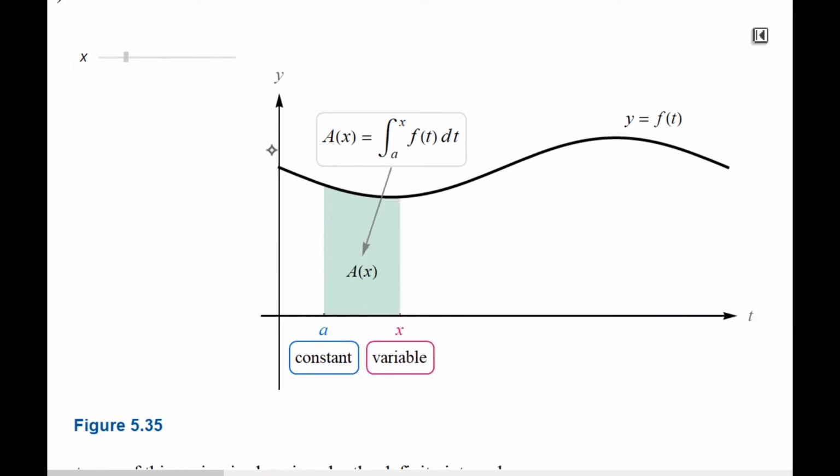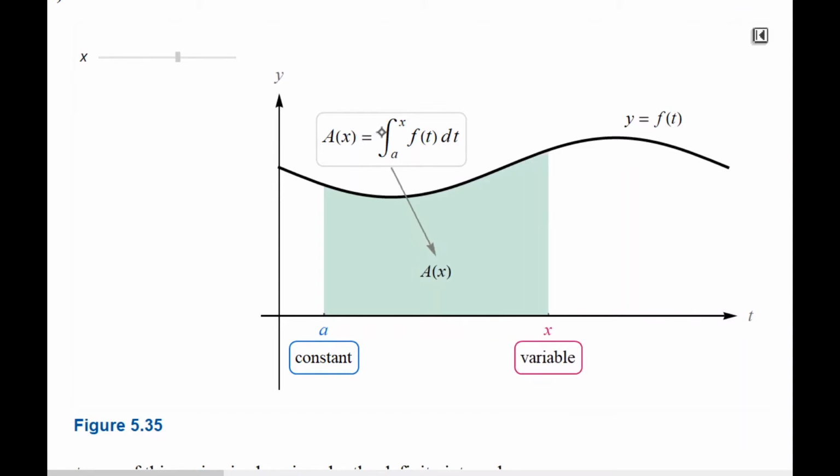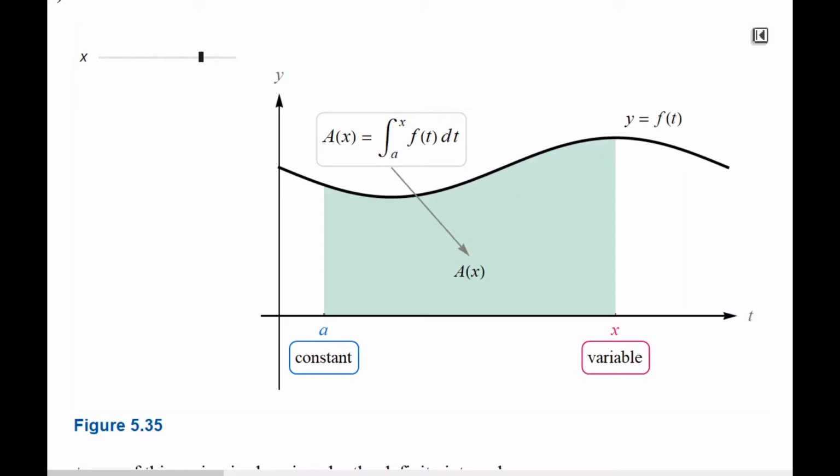X we treat as fixed as we do the definite integral, but after we do the definite integral, we actually get a function that gives us the area as x varies. And so A of x is the area that you see there in green, which begins at t equals a and ends at t equals x.